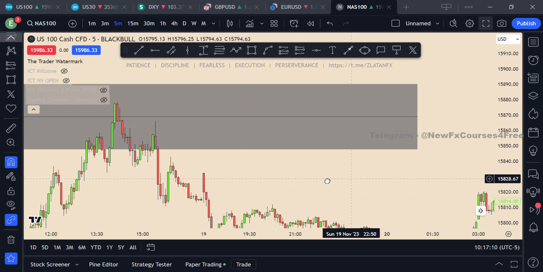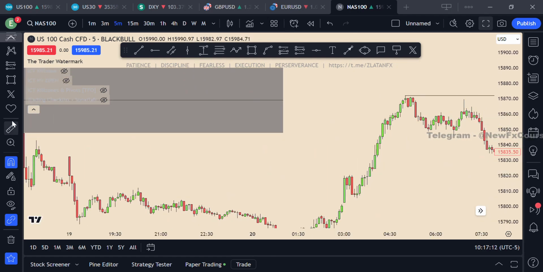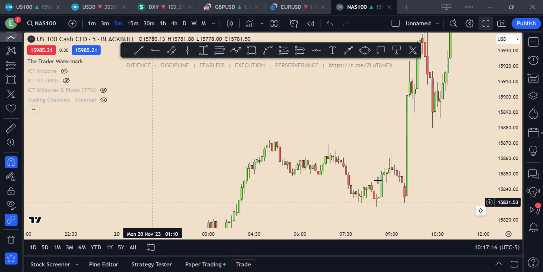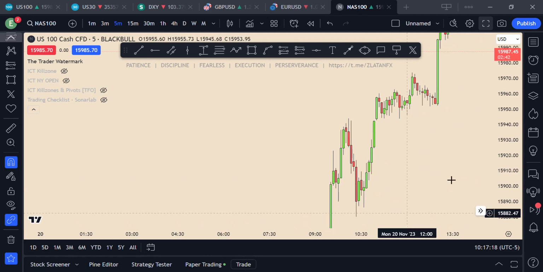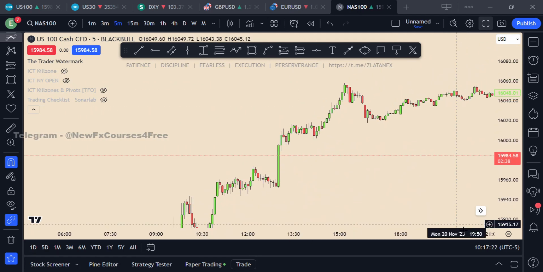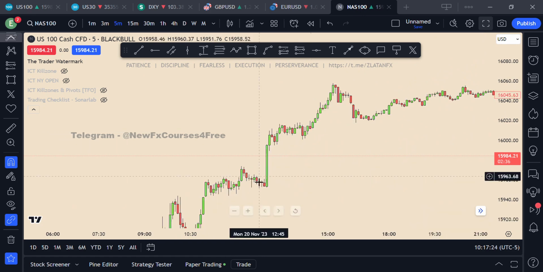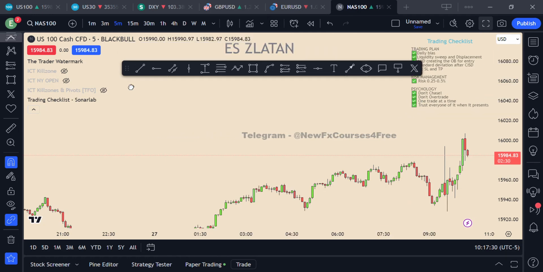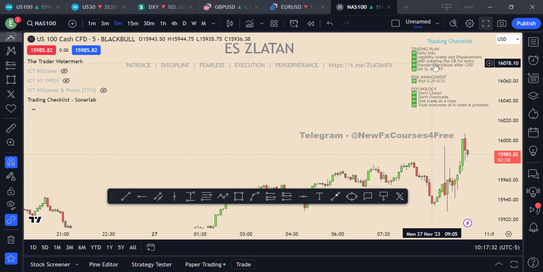Now, all the rules I gave you, you could make it very easy for yourself by just coming to your TradingView and looking for this indicator called Traders Checklist. You could see where I wrote down my trading checklist, right?